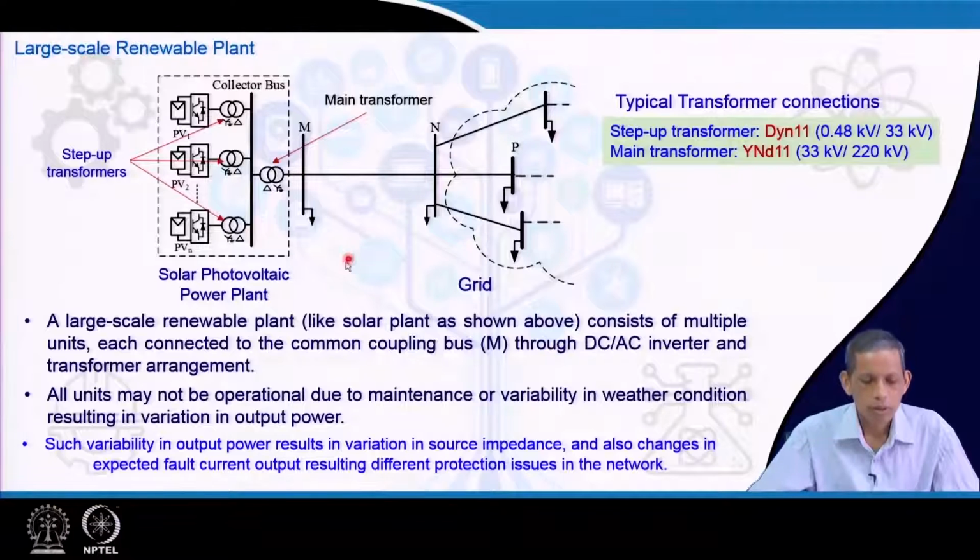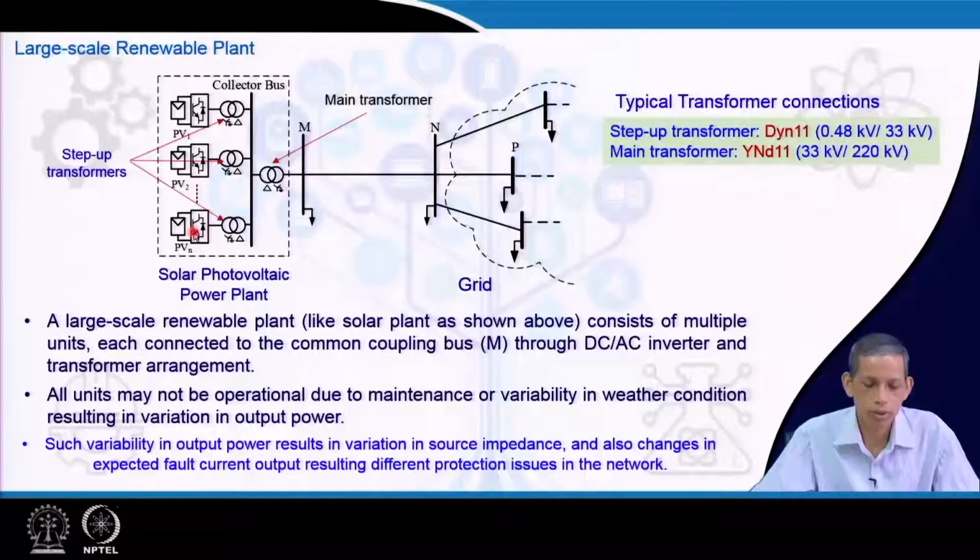Now, such an arrangement means the corresponding transformer connection is of importance from the operational and protection perspective, and so also the control and the grid code associated with the inverter are of importance in the perspective of protection.